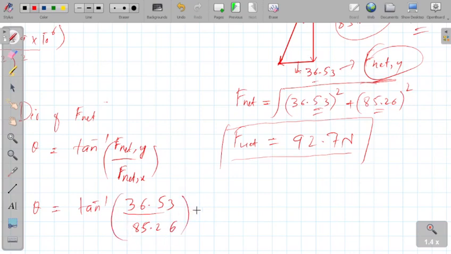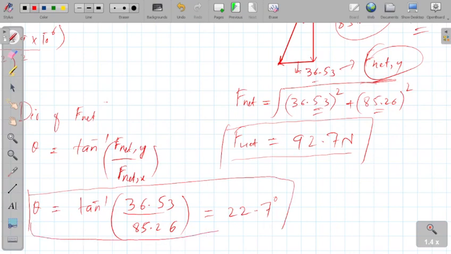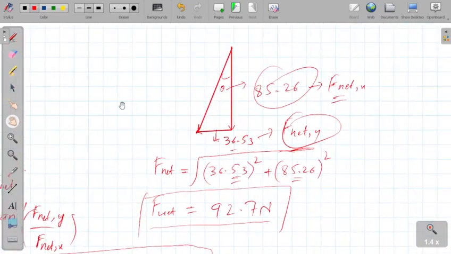This comes out to be 22.7 degrees. So this is the direction of the resultant vector. This angle comes out to be 22.7 degrees. It almost seems like that. I hope you got this answer. Bye bye.